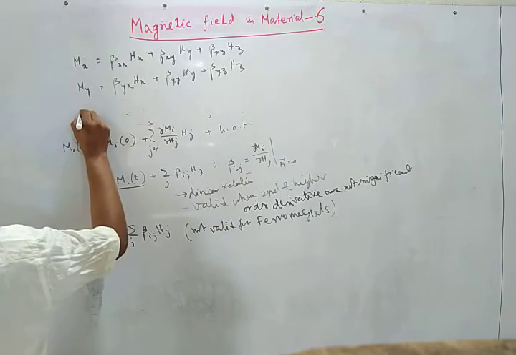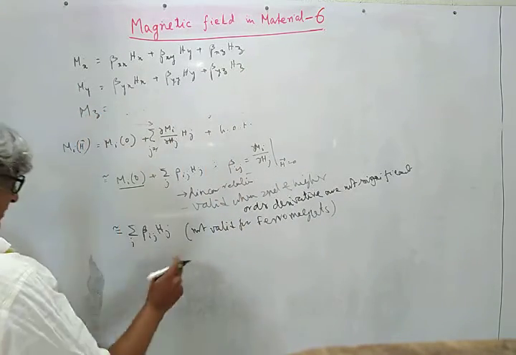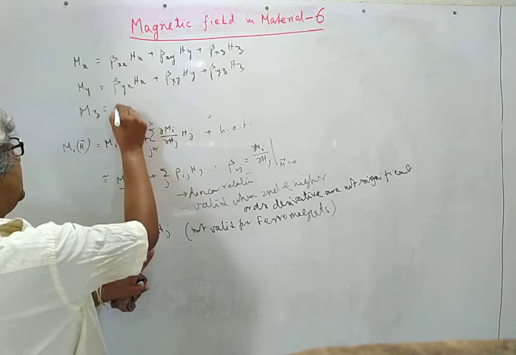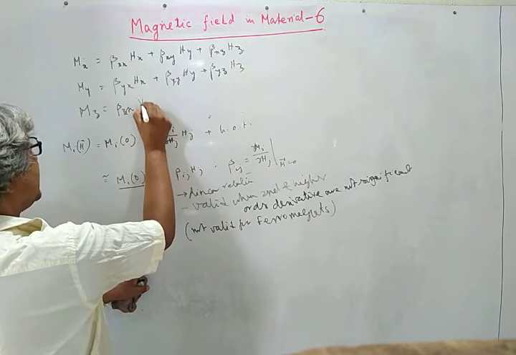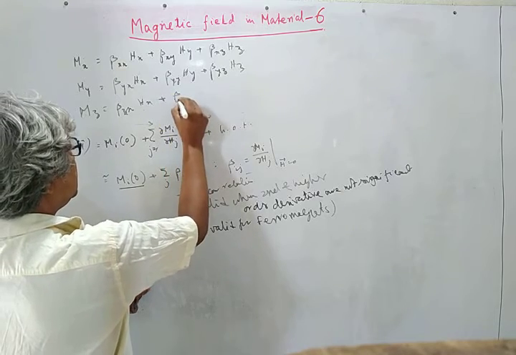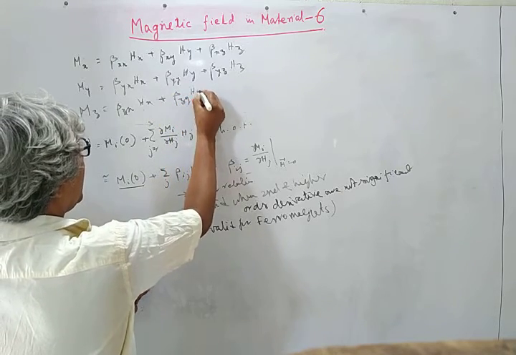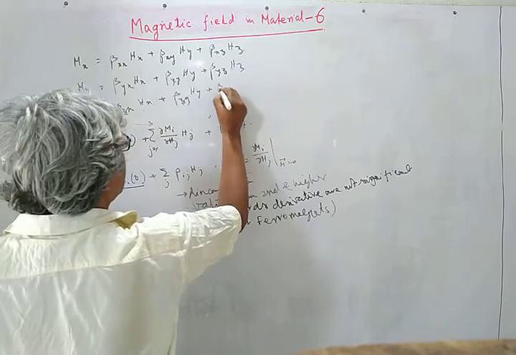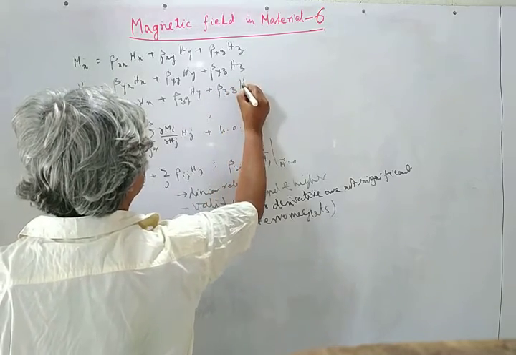And for the z component this is beta_zx Hx plus beta_zy Hy plus beta_zz Hz.